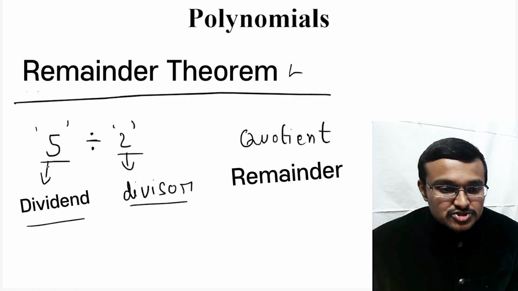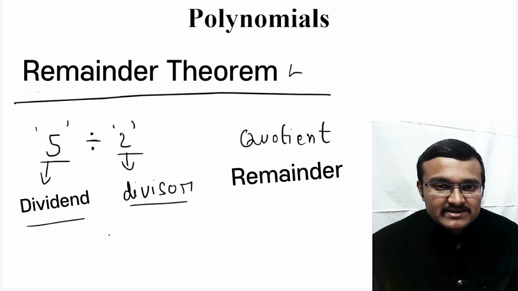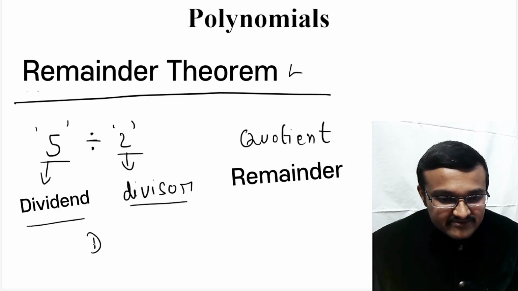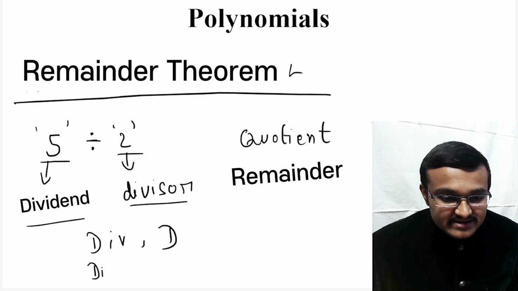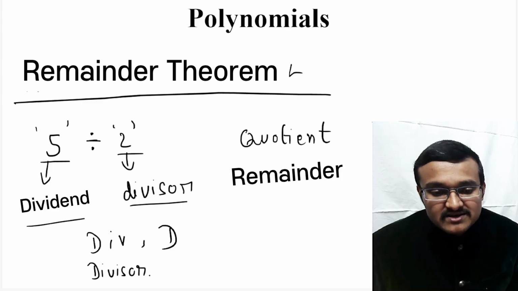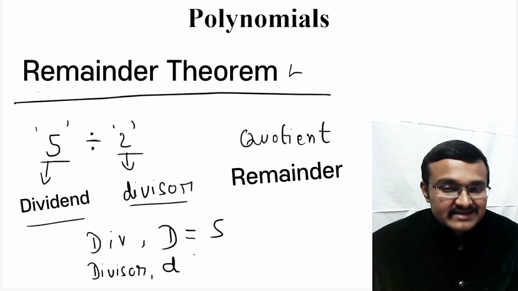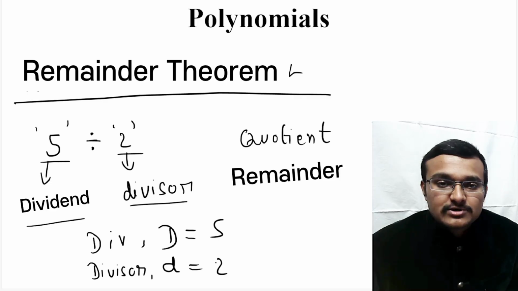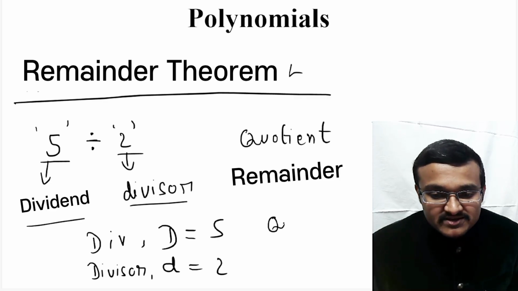So now here when you divide 5 and 2, I will take dividend as capital D and I will take divisor as small d. So what is capital D? Here capital D is 5, that is dividend, and divisor is 2. Now what is the quotient here?